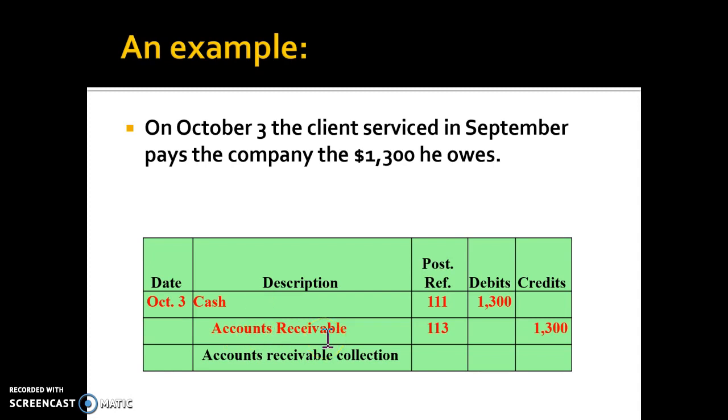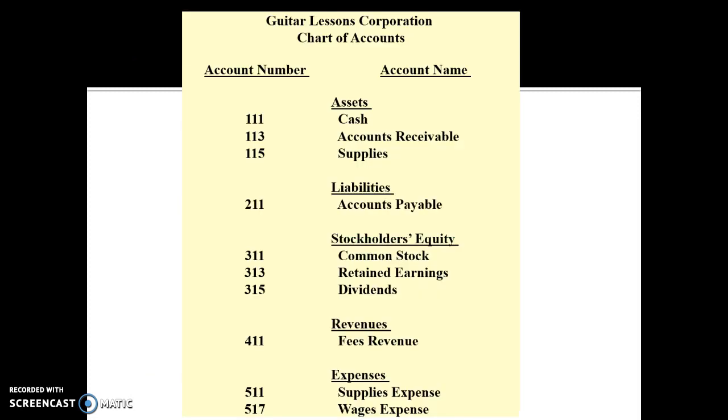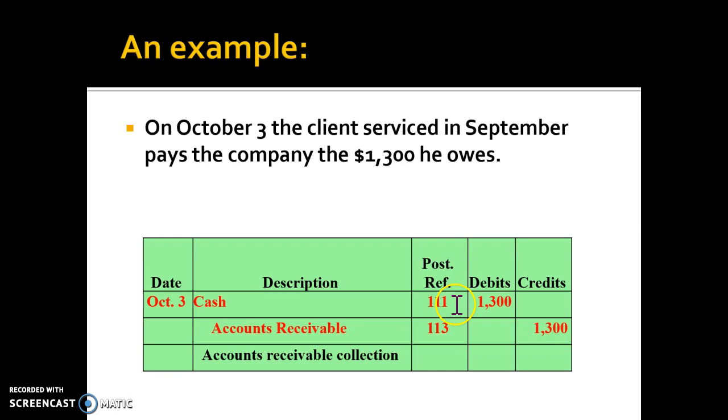So you will see this is one general journal entry. It has several elements. It has the date, October the 3rd, right? We receive cash, so we debit cash. For the reference number of cash, you have to go back to the chart of accounts. Cash has 111 as its account number, so it's 111, and debit 1,300.